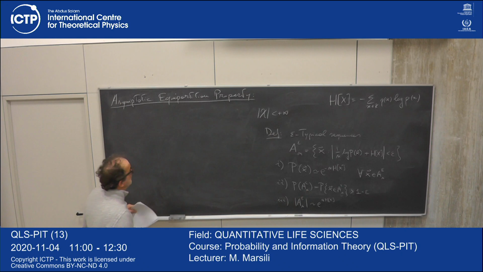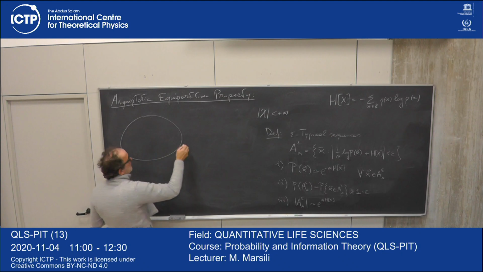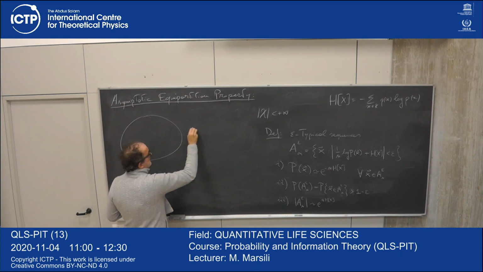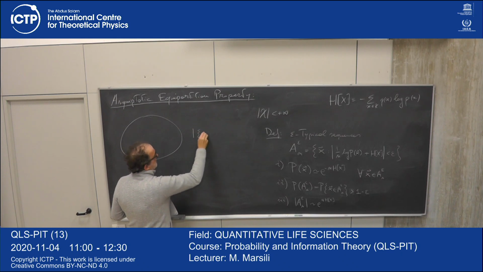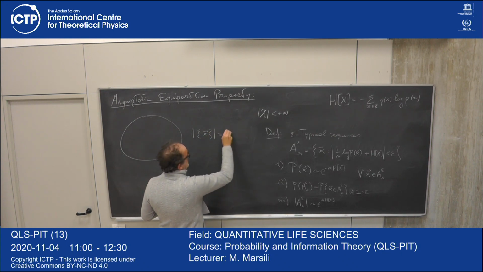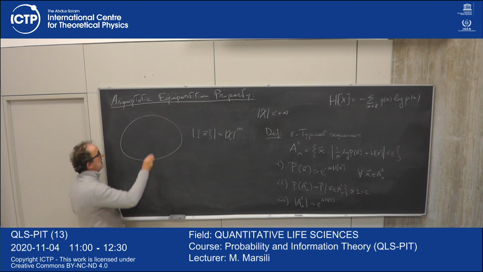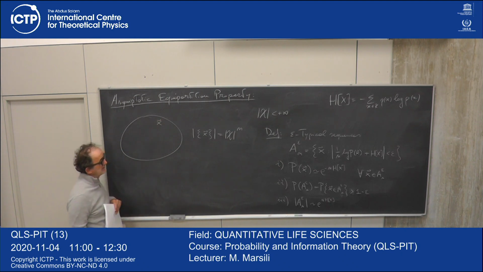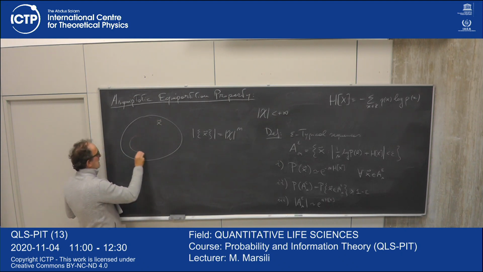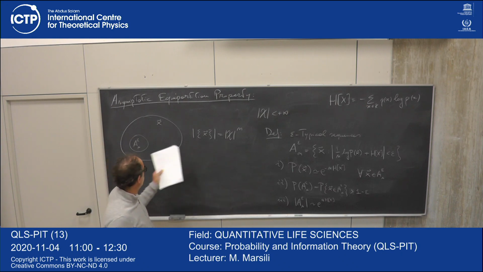So if you consider the set of all sequences, the size of the set of all sequences is essentially the size of the set, q, to the power n. Okay, so if this is the set of all sequences, then the set of epsilon typical sequences is a very small fraction of this.